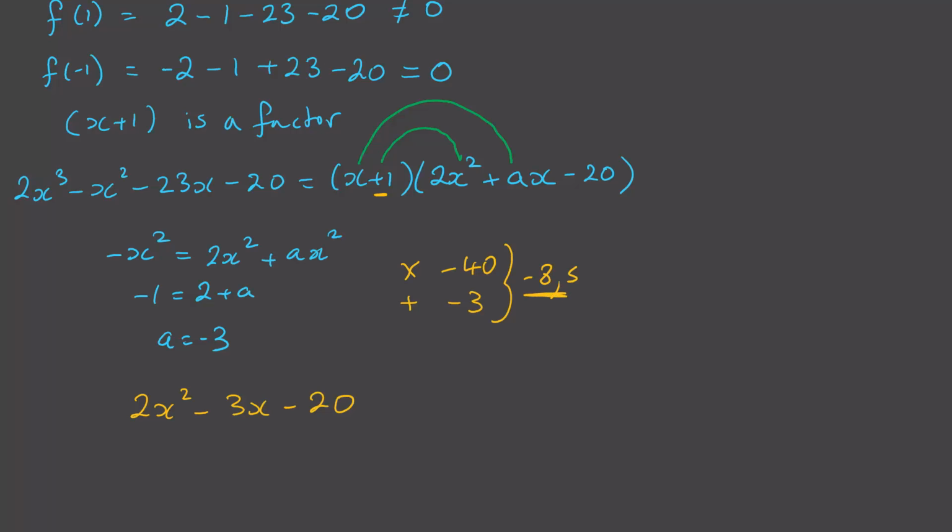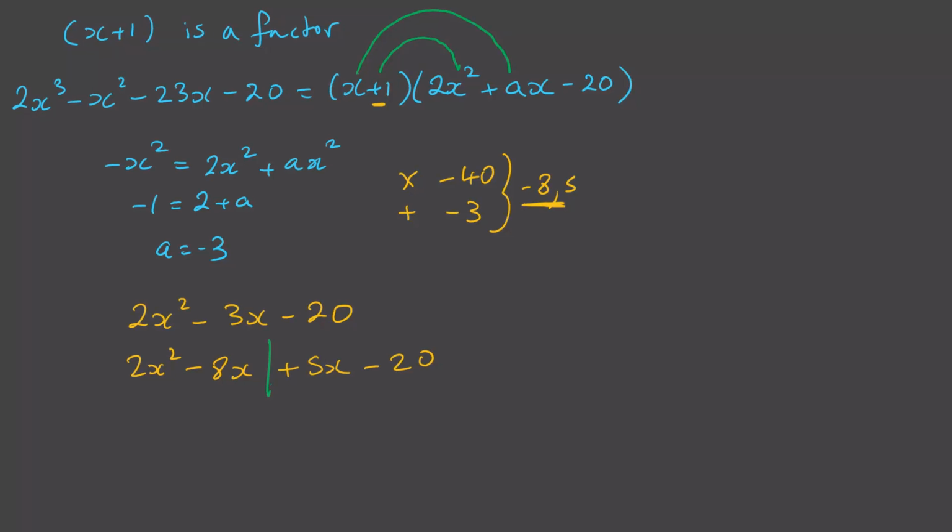I'm going to use these two numbers to split that into 2x squared minus 8x plus 5x, take 20. Let's put a line down the middle of that, factorize each half. 2x, x minus 4, plus 5, x minus 4. So that's 2x plus 5, x minus 4.